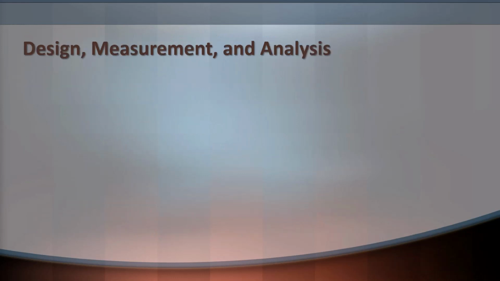Now, hopefully in your first statistics course, you also talked a little bit about design, measurement, and analysis, although really analysis is the only part that is statistical. A research design is a blueprint for making observations.